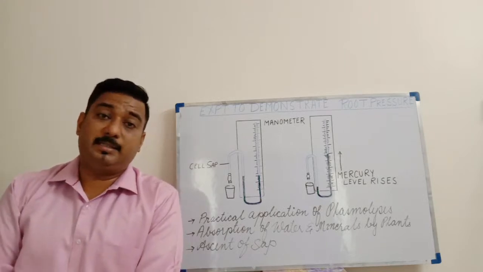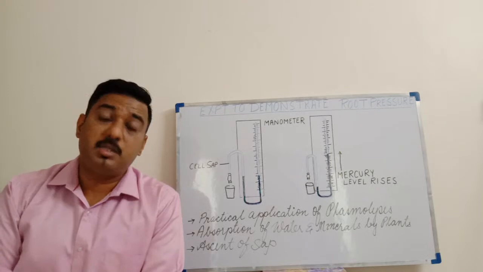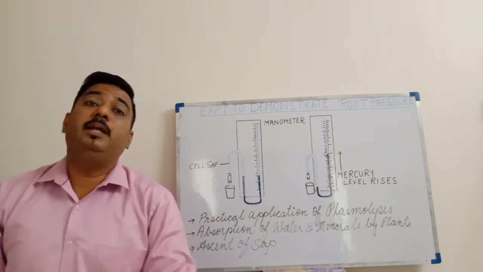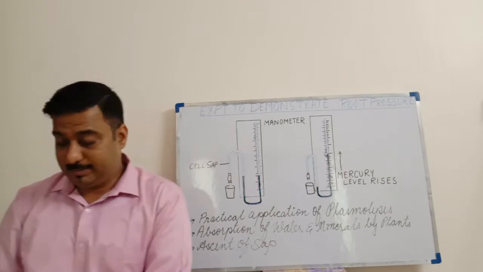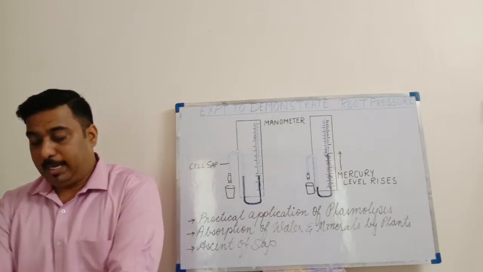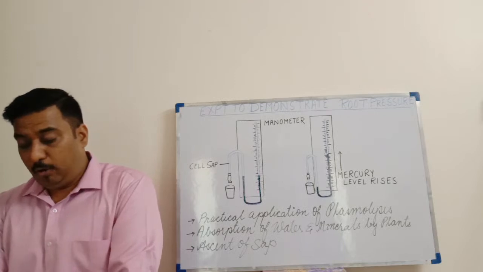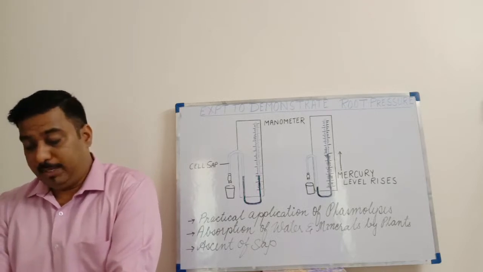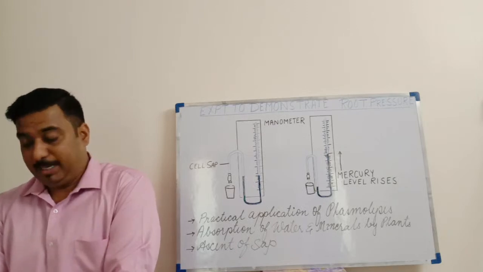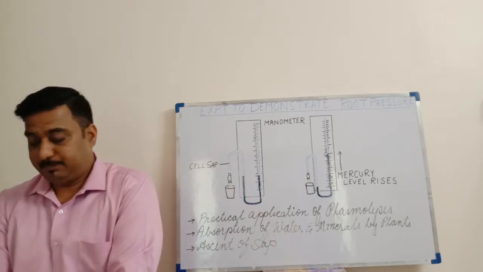How does this take place? There are so many forces which come together to bring about this upward movement of water, called ascent of sap. Upward movement of water and minerals from the xylem of roots through the stem and leaf veins to the top of the plant is termed as ascent of sap.